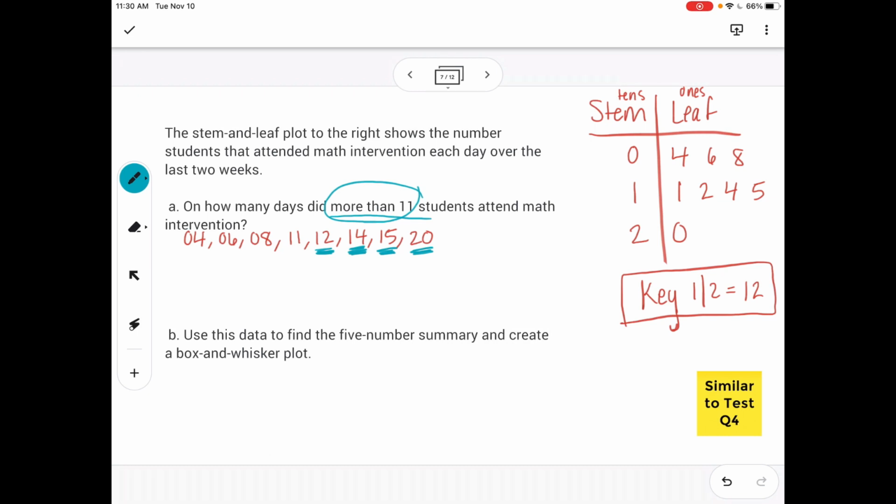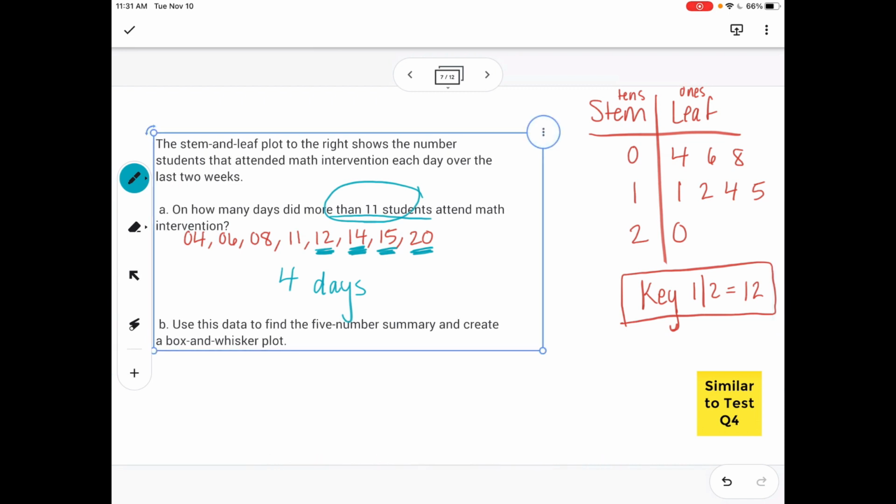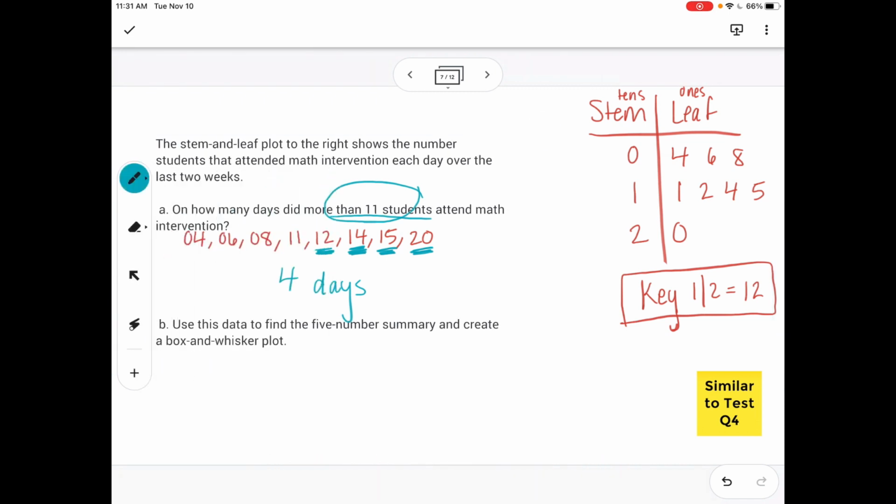It wouldn't, because 11 isn't more than 11. So that means in this case, it's how many days, so I should say 4 days more than 11 students attended math intervention. I'm sorry, that keeps happening.